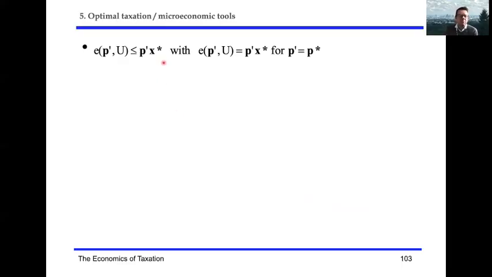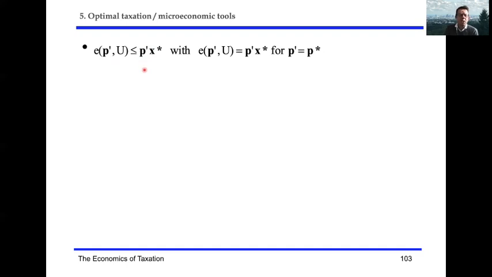Well, in math terms, this means that the expenditure that is minimized given the price vector P prime cannot be higher than, say, stubbornly buying x star, although we are not faced with P star anymore necessarily, but the price vector can depart and can be denoted by P prime.